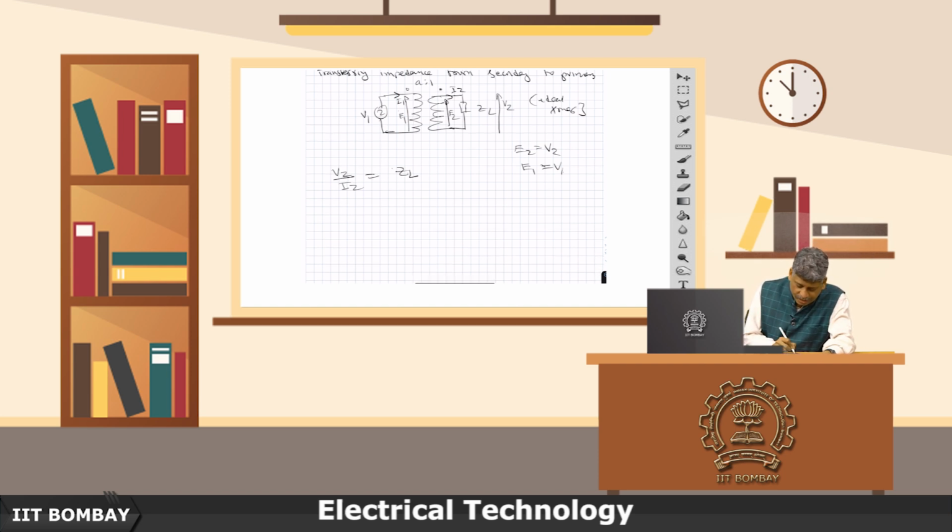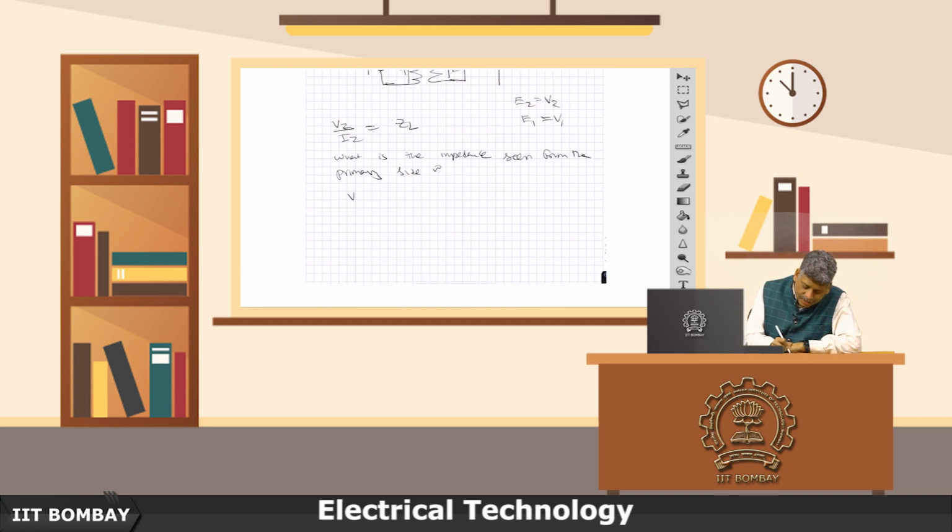My question is, what is the impedance seen from the primary side? So, I am really asking you what is V1 by I1.